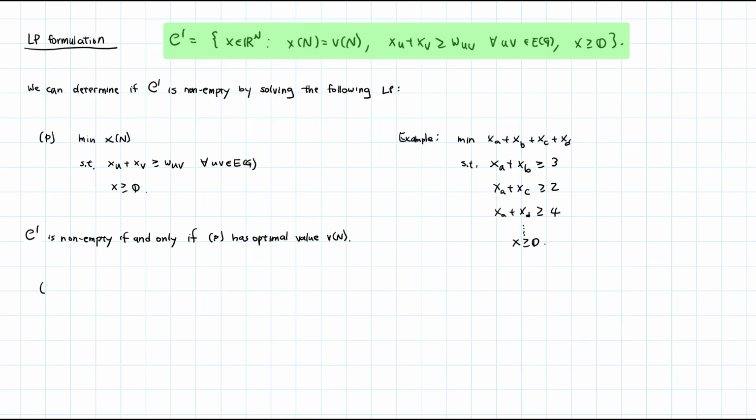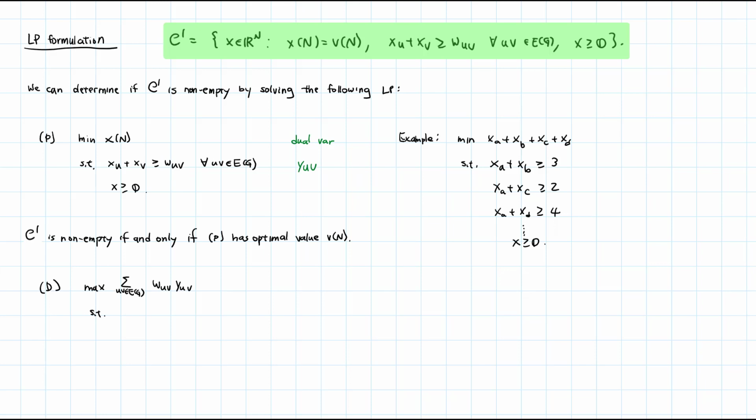Once again, I'll ask you to take the dual. We see that there is one constraint for each edge, so there is one dual variable for each edge, YUV. The objective function is maximizing the sum of WUV YUV for all edges UV.